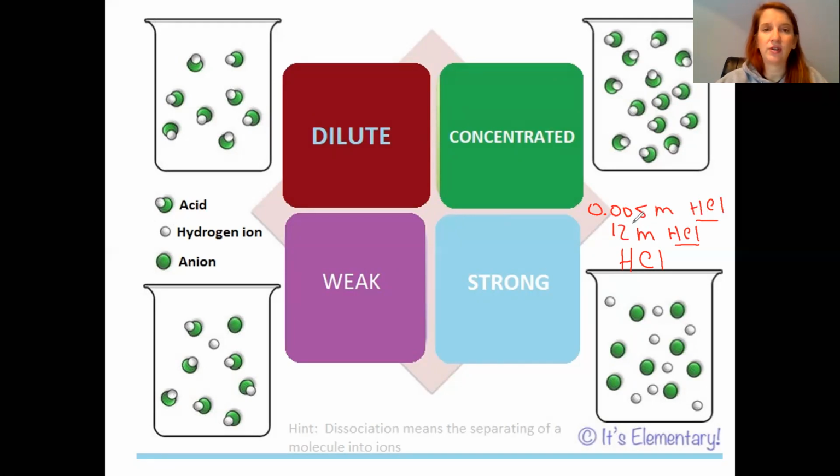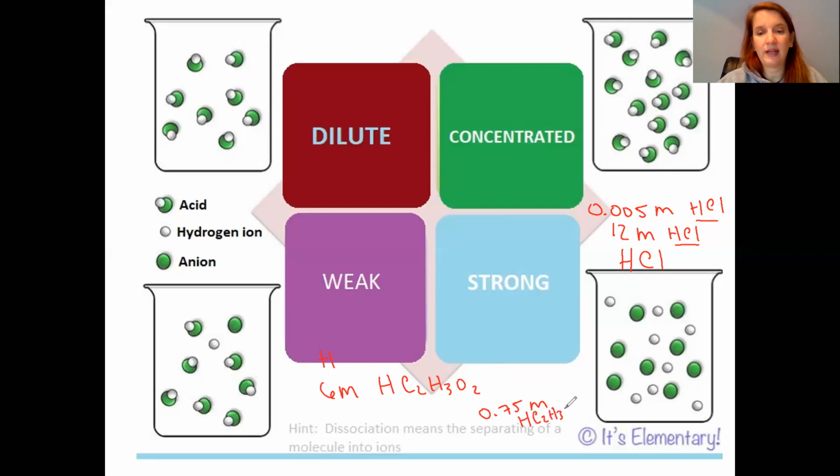I can have a concentrated weak acid. So for example, HC2H3O2. This is acetic acid. Acetic acid is not on the list of strong acids, so that means it's a weak acid. I can have 6 molar acetic acid, or I can have 0.75 molar acetic acid.